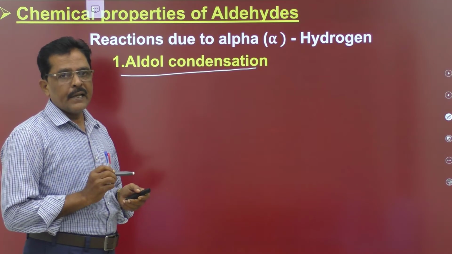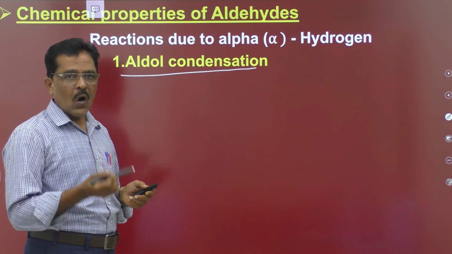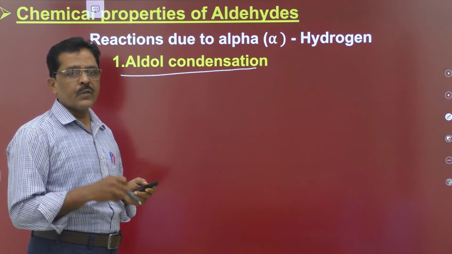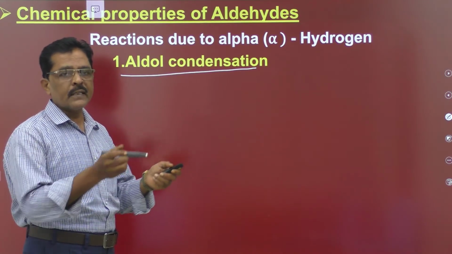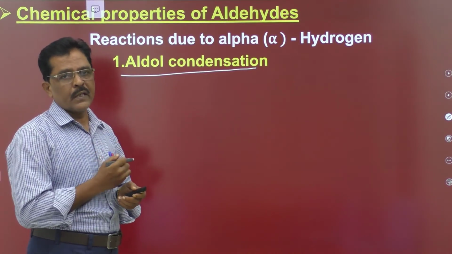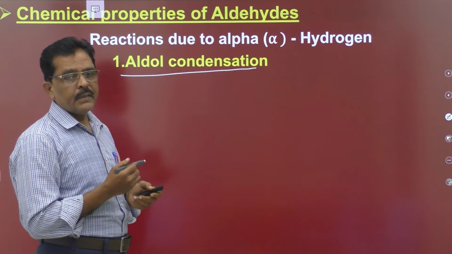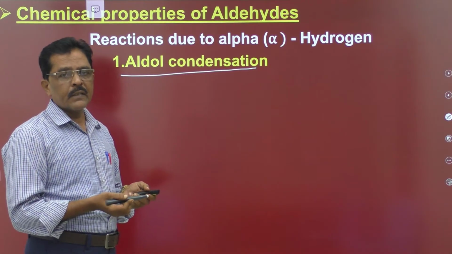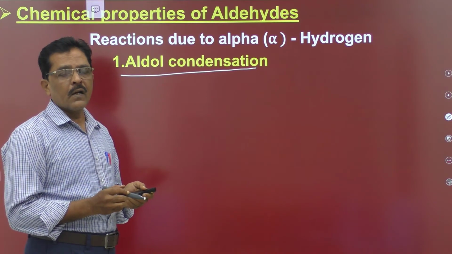Why is the name aldol given? Ald and ol: two functional groups are there, the aldehyde functional group and the hydroxyl functional group, so the name aldol is derived from these two functional groups, right? Understand?